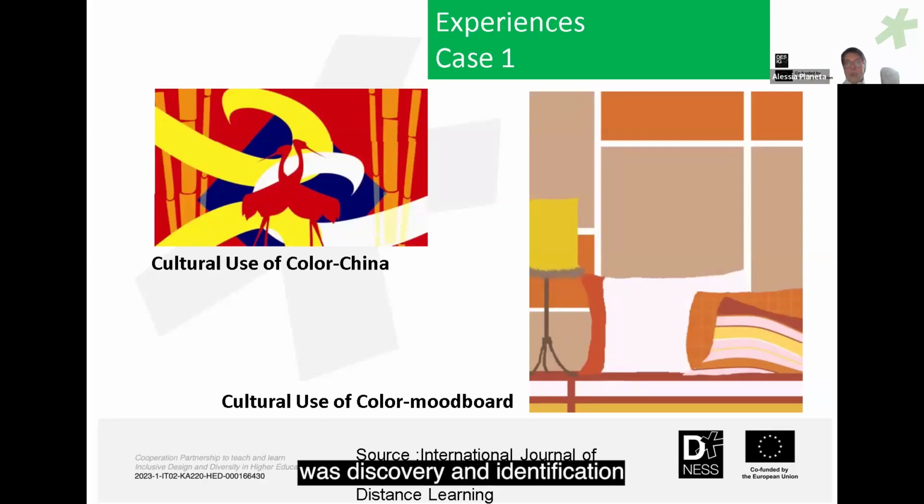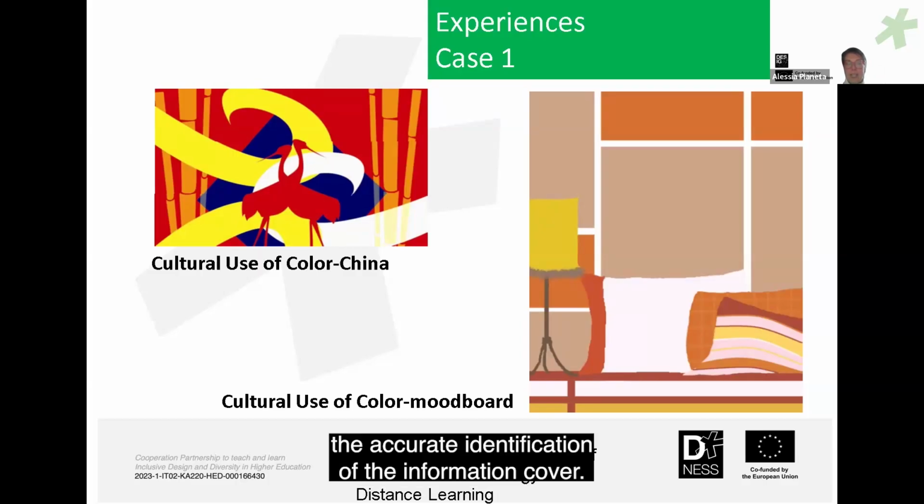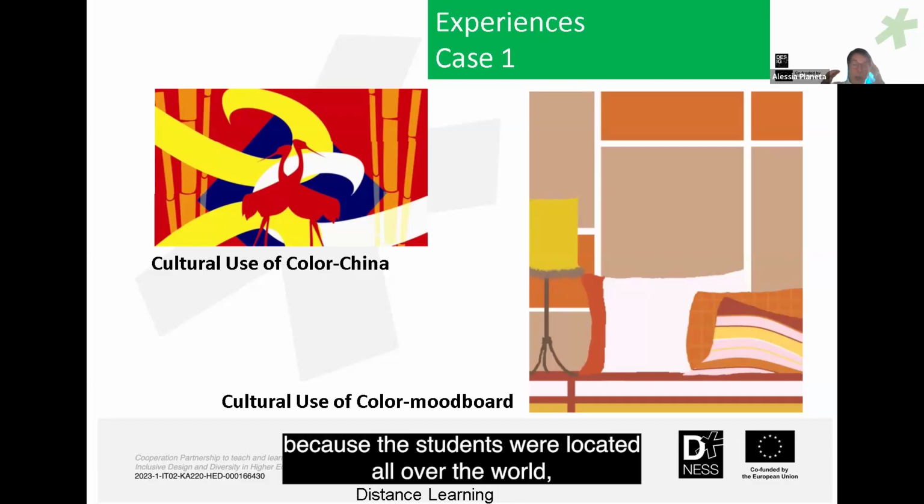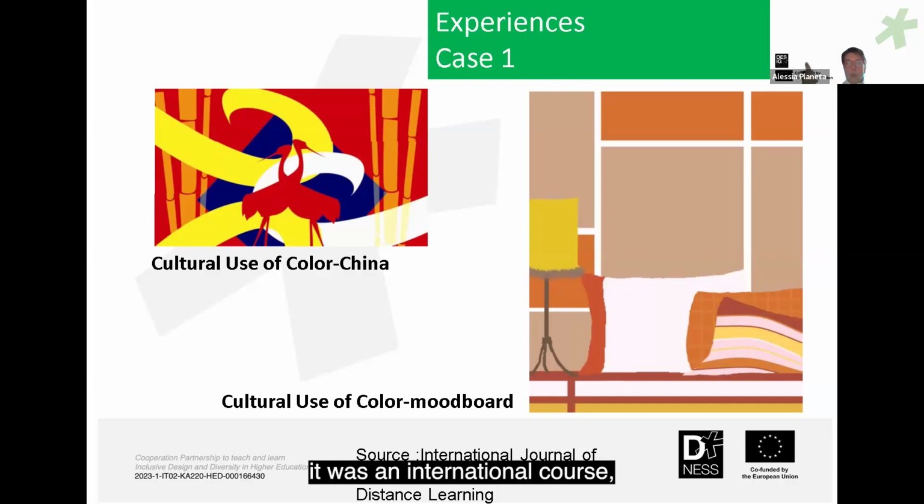The third activity was discovery and identification. And it was implemented to assess the accurate identification of the information covered. The students were asked to go into their communities because the students were located all over in the world. It was an international course.